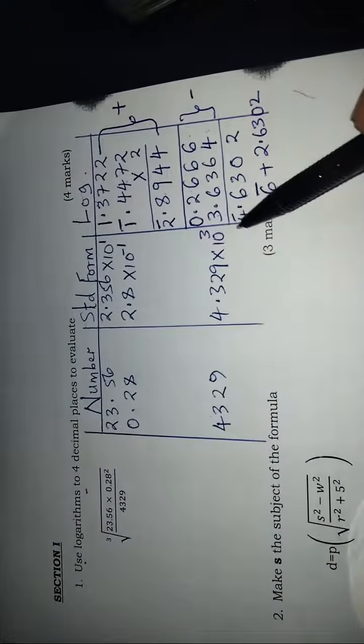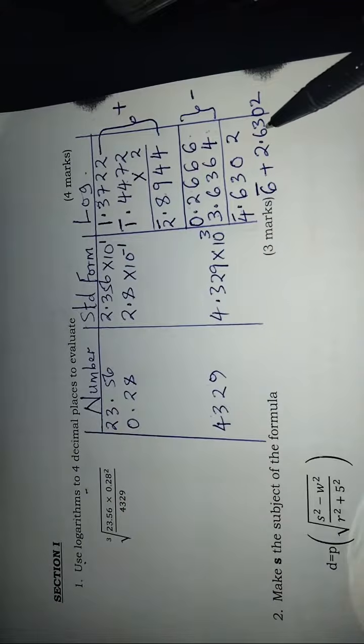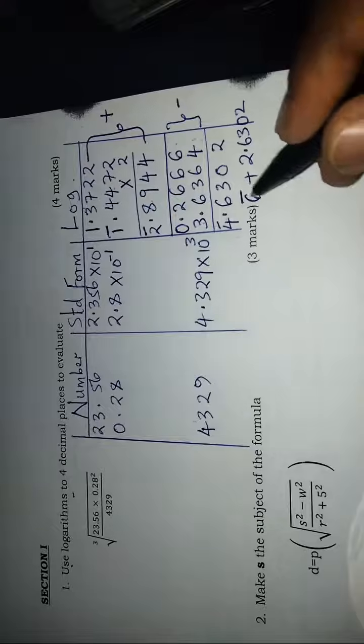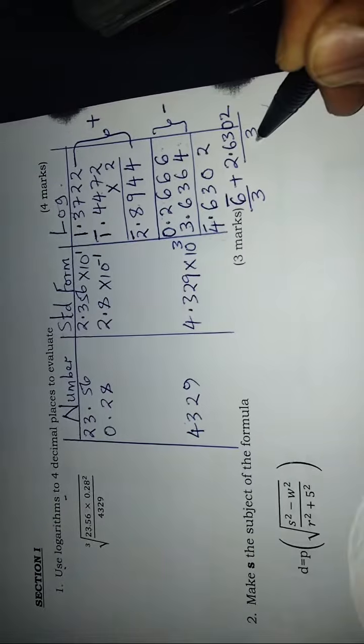That is to mean the 2 we have borrowed to make negative 4 divisible by 3 is added to the mantissa part, which was 0.6302, to become 2.6302. So now independently, this can be divided by 3, and this other side also by 3.